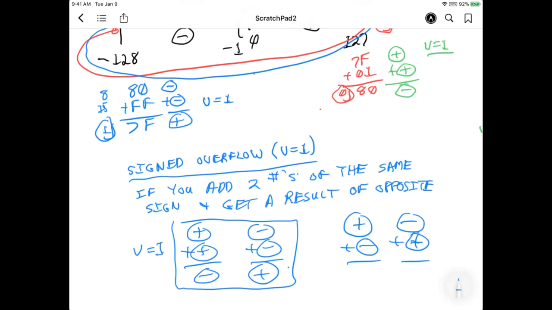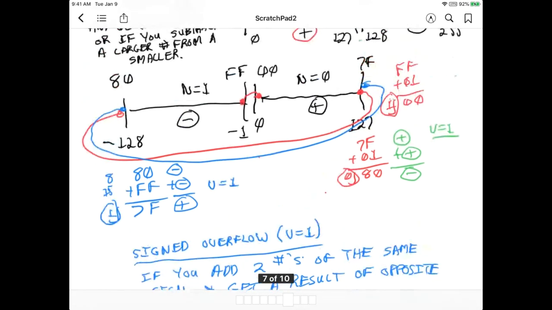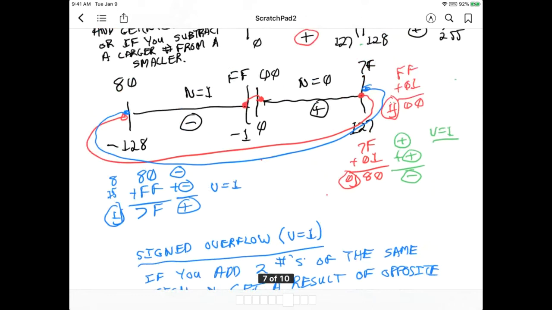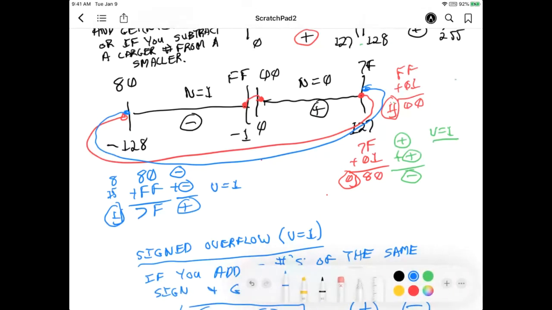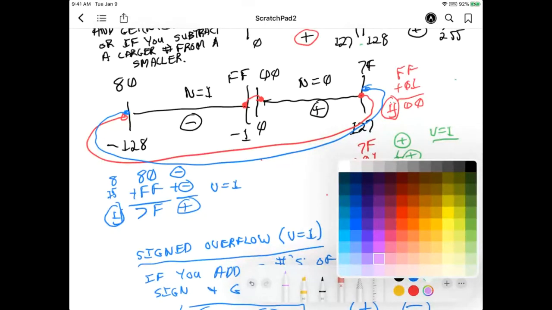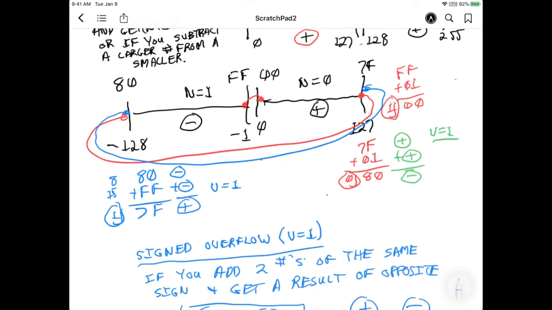Let's take a look at our number line again up here. And it doesn't matter what number you pick. If you pick 7F and you add a negative value, it's going to go away. It's like vectors. So let me just bring up my color again. Let's try something purpley. So in this case here, if you add a positive, you're going in this direction. If you add a negative, you're going back in that direction. So what you're going to find is there's no numbers that you can put together that if you add a positive, even if you start with something like 0 and you add 8, 0, you're still here, right?